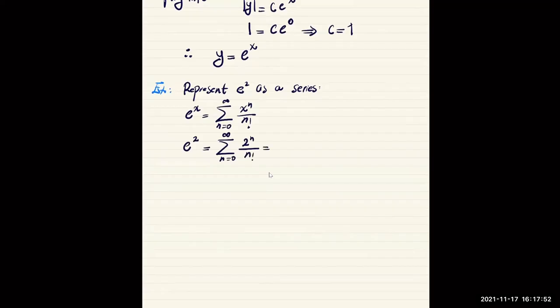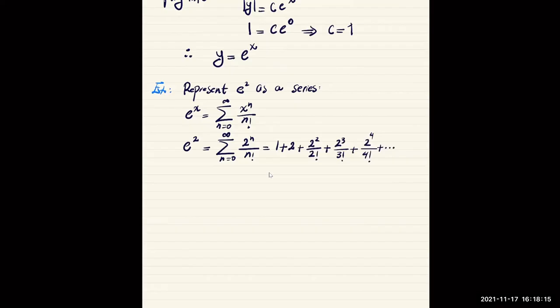If you expand that, beginning with n equals 0, we have 1, plus the next term is 2, plus 2 squared over 2 factorial, plus 2 cubed over 3 factorial, plus 2 to the power of 4 over 4 factorial, and so on. Really cool.